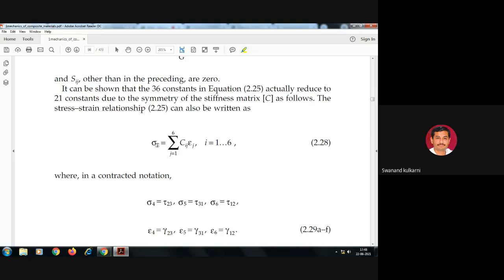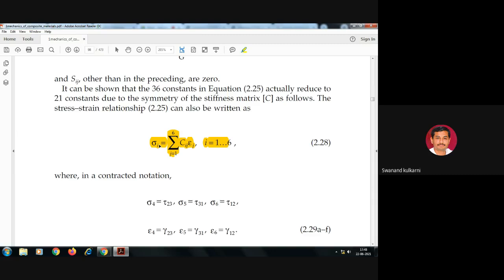Okay, I represents 1, 2, 3, 4, 5, 6. Now see, this is a very important relationship, because we should know that particular thing. See here, we have given this relationship. Now you can see for each and every I equal to 1 to 6.